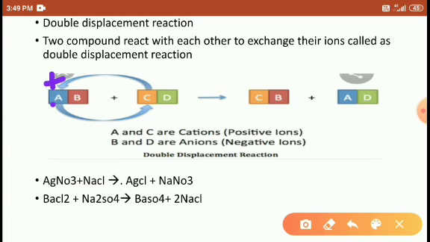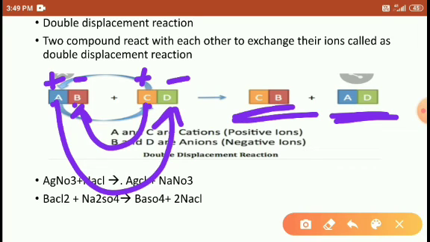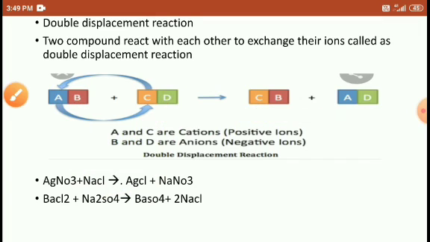A is positive, B is negative, C is positive, D is negative. So A positive is attracted to D to form AD, and C positive is attracted to B to form CB. It means both compounds exchange their ions, and this is called double displacement, right students?